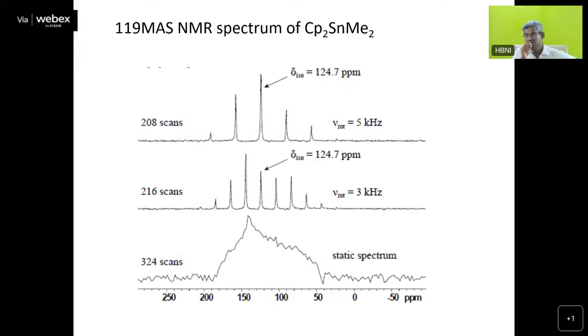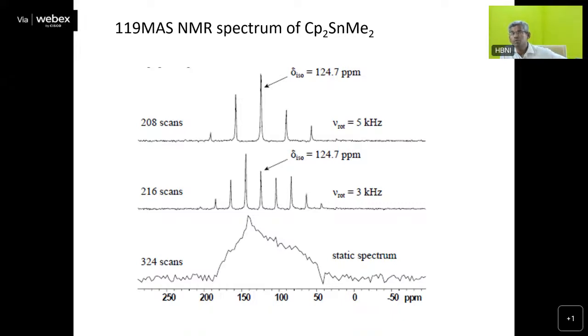This has been recorded in our lab also, this type of compounds have been prepared and we have recorded them. So this is a tin NMR, 119 tin NMR, tin having two isotopes. One is 118 and another is 119. The 119 isotope is NMR active, which is a spin half nucleus. Here also we use decoupling, but I will tell you a little bit later.